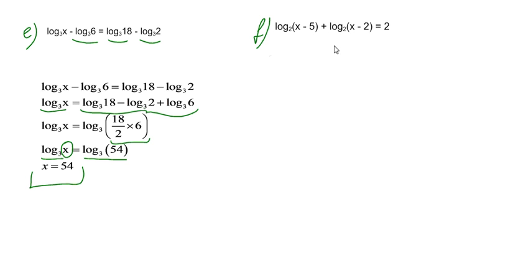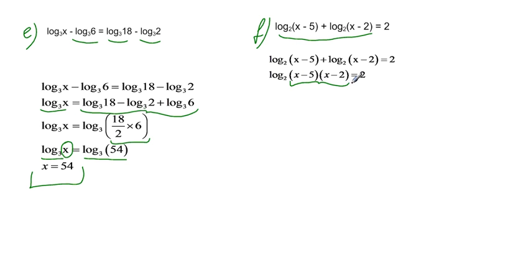So, the first step is to combine these two logarithms on the left hand side into a single logarithm, because we add, the base is the same, so this sum of logarithms is converted to a product. So this is why we have inside x minus 5 times x minus 2. So now this became a single logarithm expression.